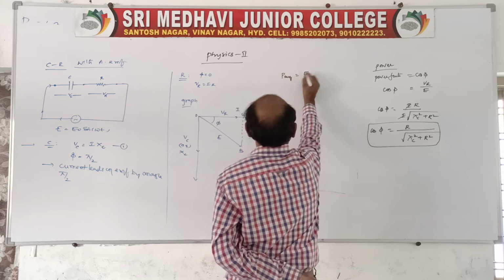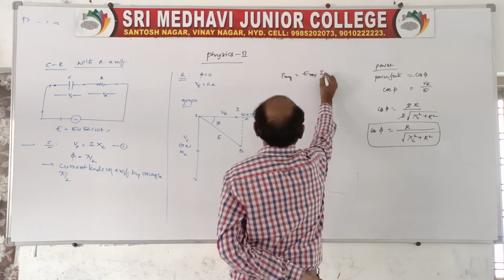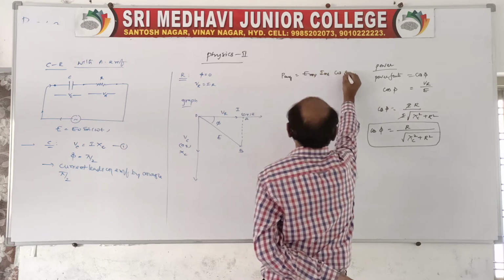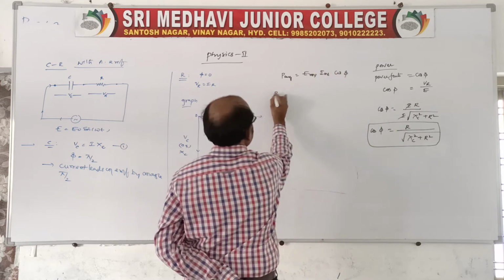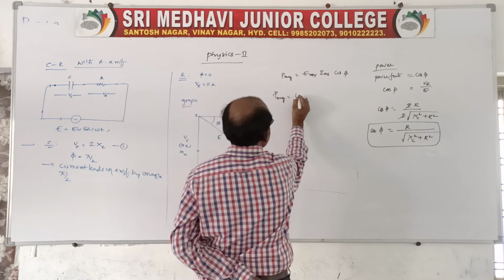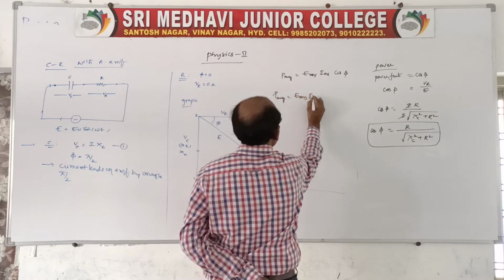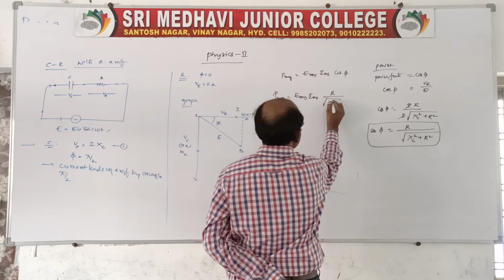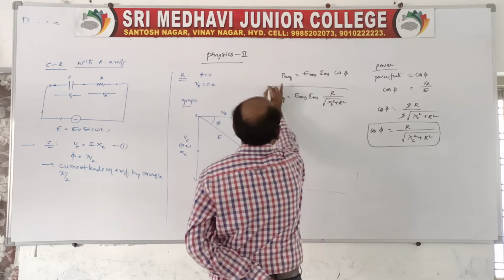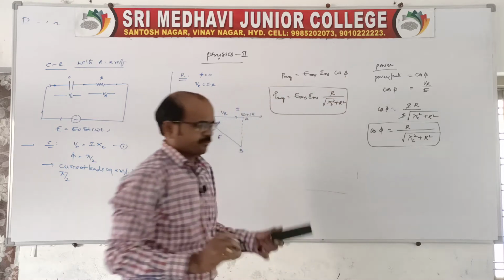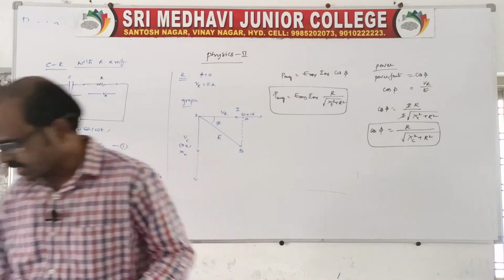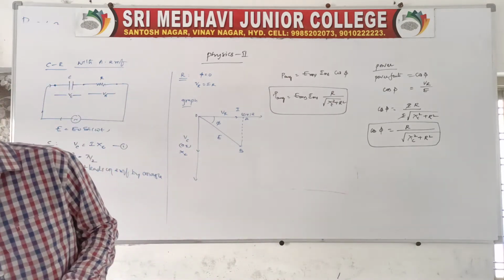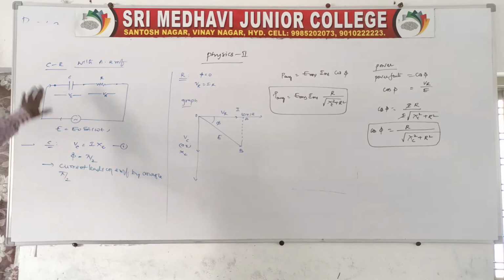Average power is equal to ERMS IRMS cos φ. Of course, we have cos φ now, so average power is equal to ERMS IRMS times R by root over XC square plus R square. So, these are the factors in the given CR circuit, clear.